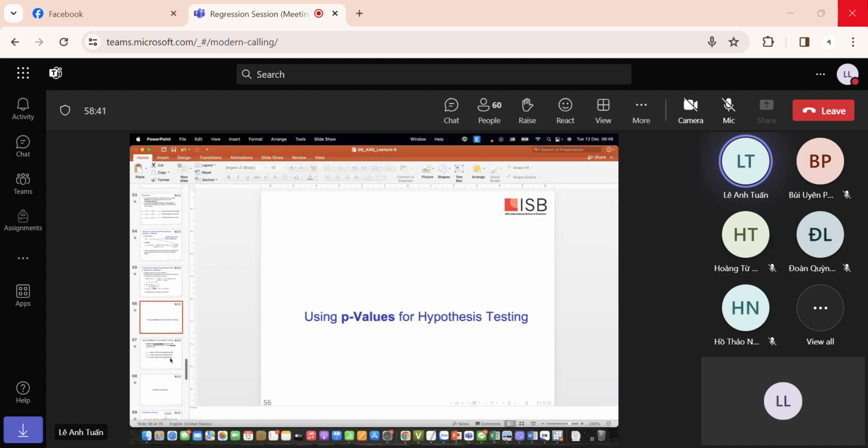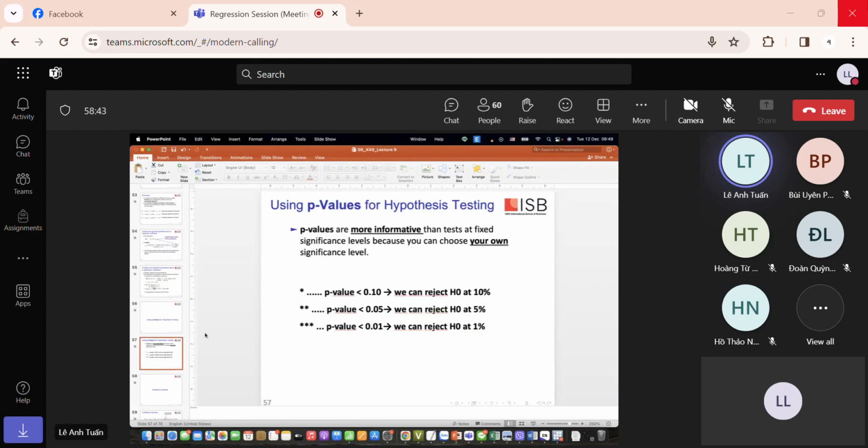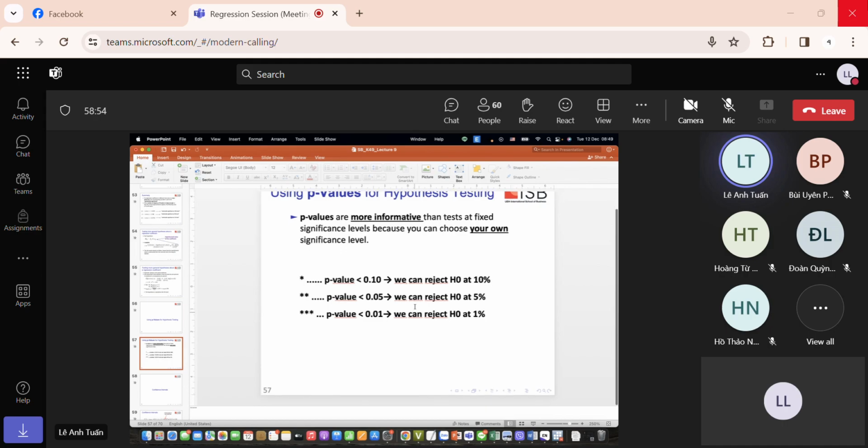And for the p-value, we compare with the significance level. If the p-value is smaller than 10%, we reject the null hypothesis at 10%, and if smaller than 5%, we reject at 5%.